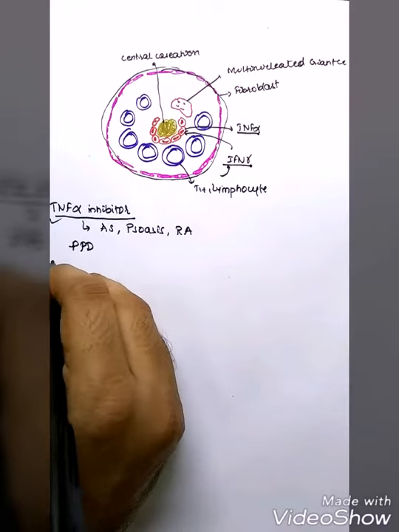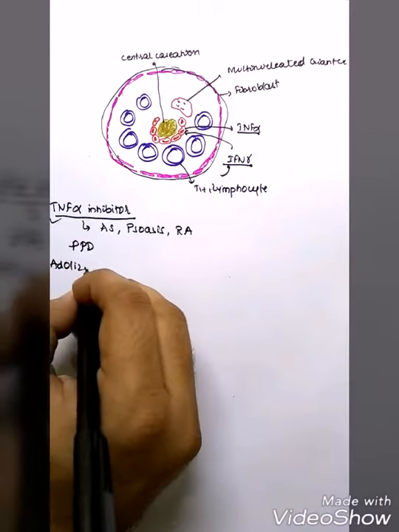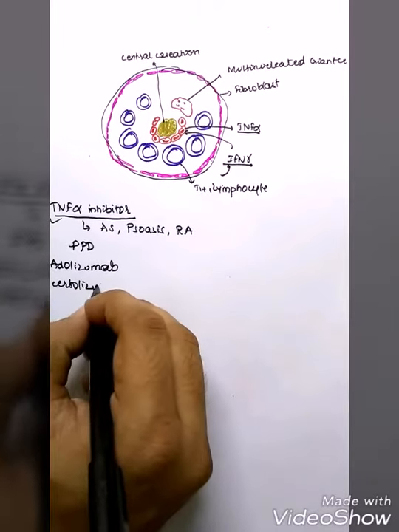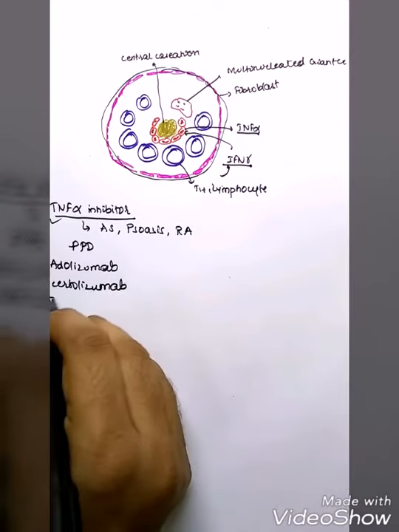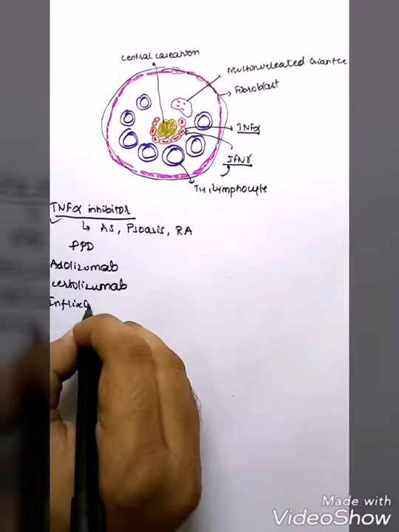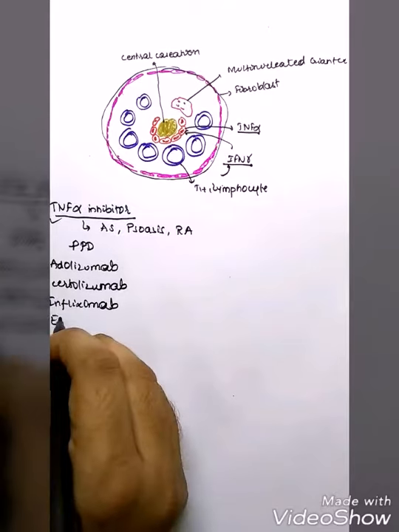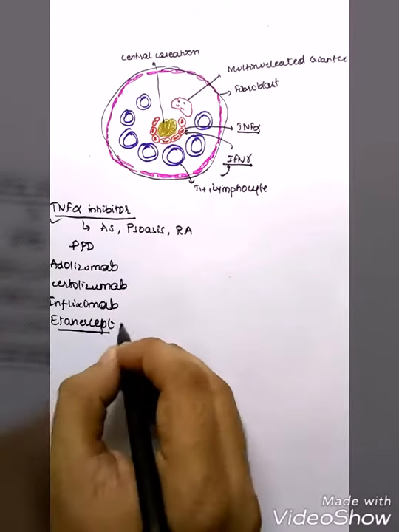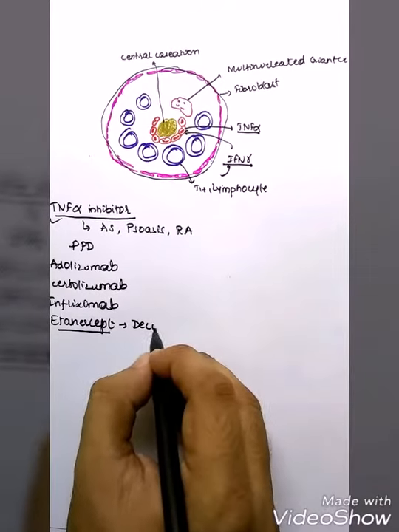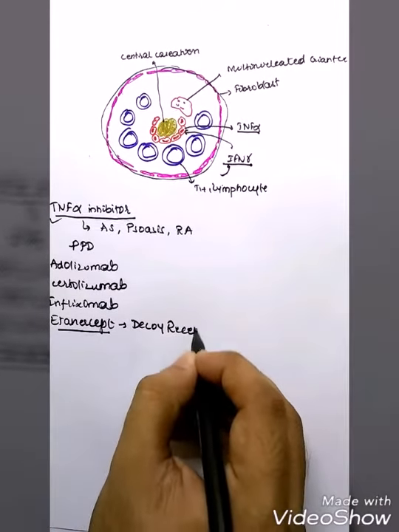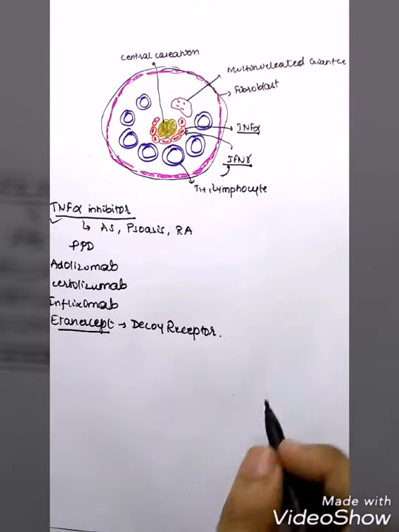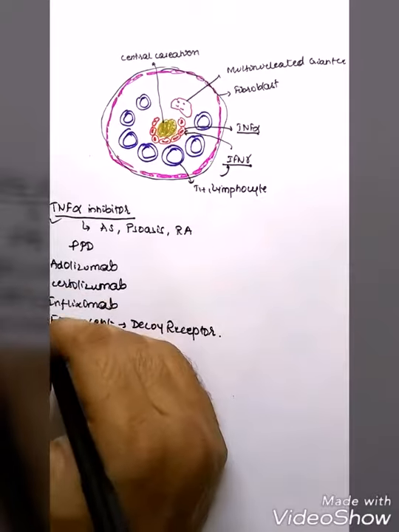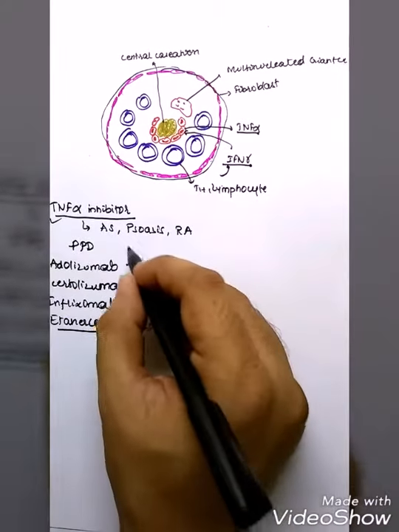What are the drugs? Name them: adalimumab, certolizumab, infliximab, and etanercept. Wait a minute, etanercept is not a monoclonal antibody, but it is a decoy receptor. So what I am asking is that when we are prescribing these drugs, we have to check for TB.